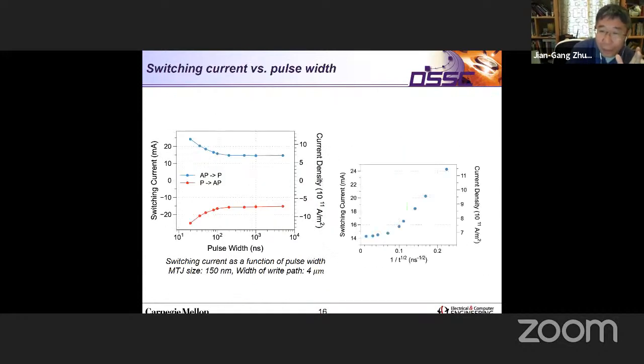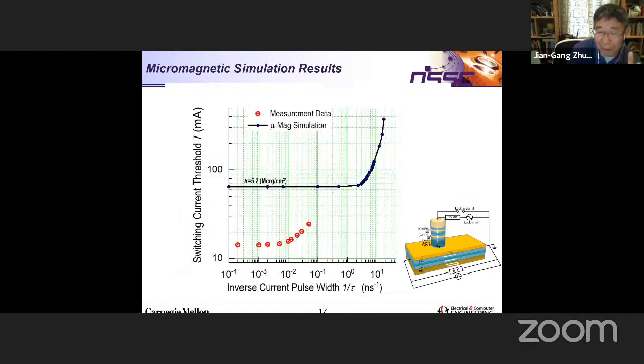But I want to skip this. So if you make a comparison of the switching by micromagnetic simulation and the measurements, this is the comparison.